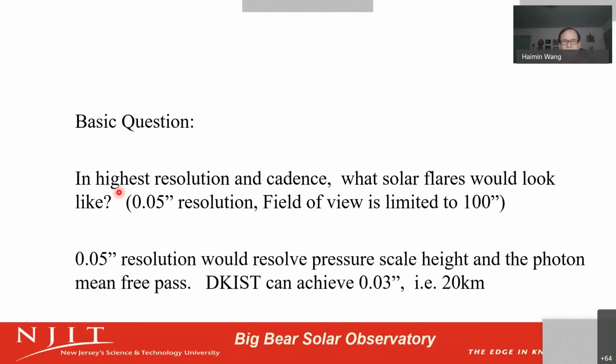With this resolution, we can resolve the pressure scale height, which is 150 kilometers in the photosphere, and also the mean photon free path. DKIST can achieve higher resolution, so I will show a comparison in the next slide.